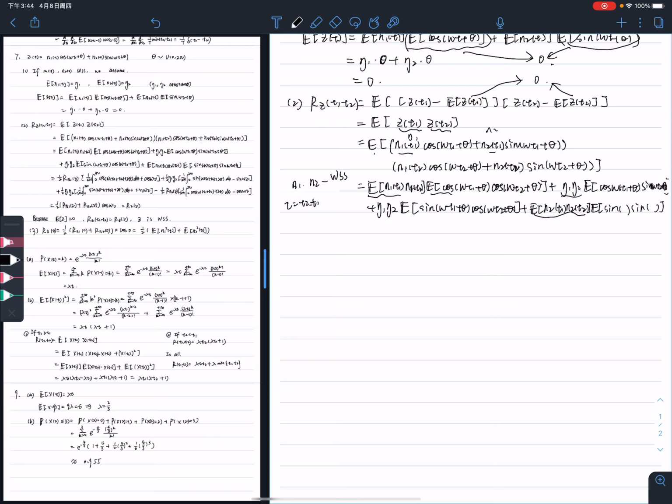Then we write this part in integral form. It should be equal to R_N1(τ) times 1 over 2π, integral from 0 to 2π of cosine(ωt1 + θ) cosine(ωt2 + θ) dθ, plus η1 η2 times 1 over 2π, integral from 0 to 2π of cosine(ωt1 + θ) sine(ωt2 + θ) dθ.